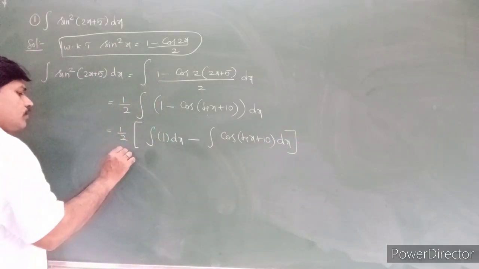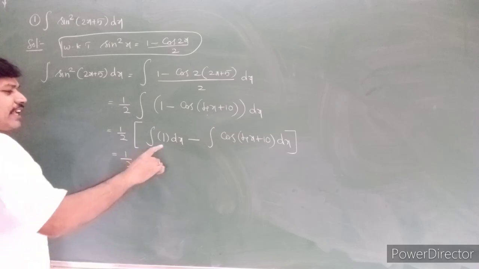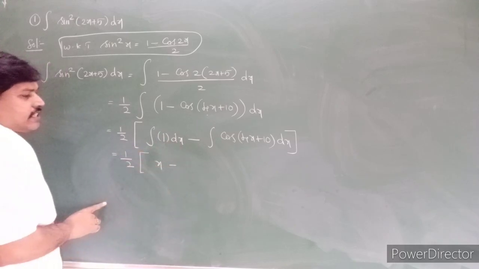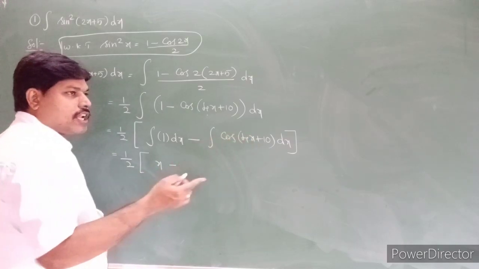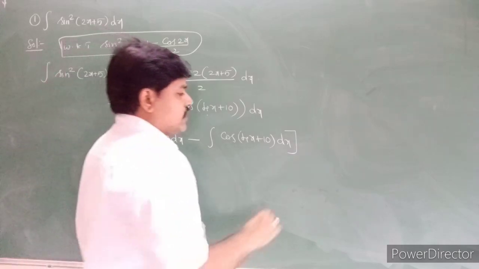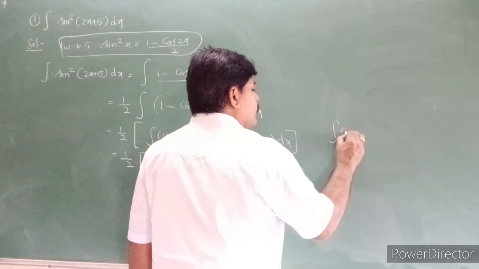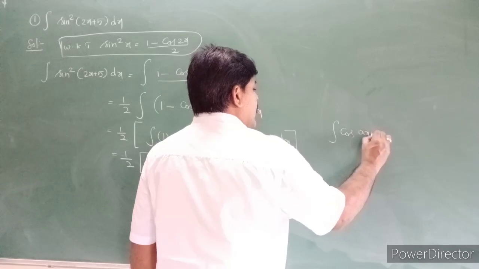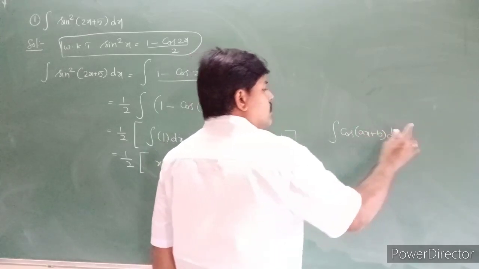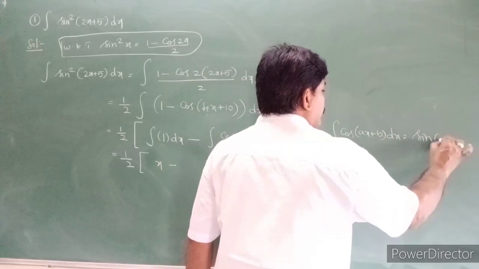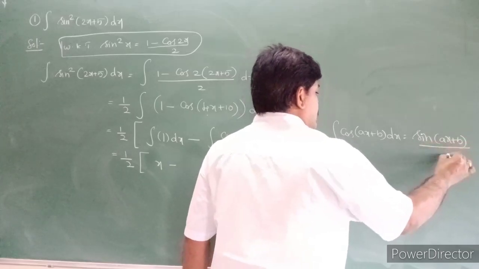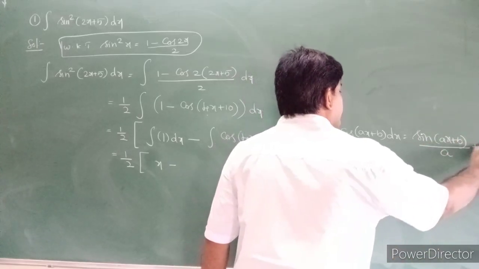So that is equal to 1 by 2 into integral of 1 is x minus integral of cos is sine. I have already given the formula, I am writing it once again. Integral of cos of ax plus b into dx is equal to sine of ax plus b by a, that is the derivative of ax plus b, plus c.